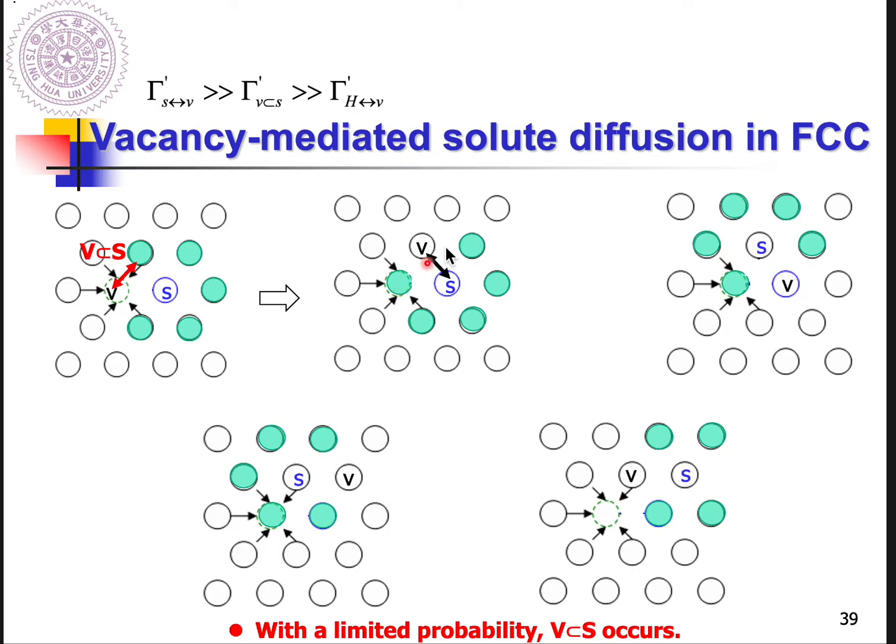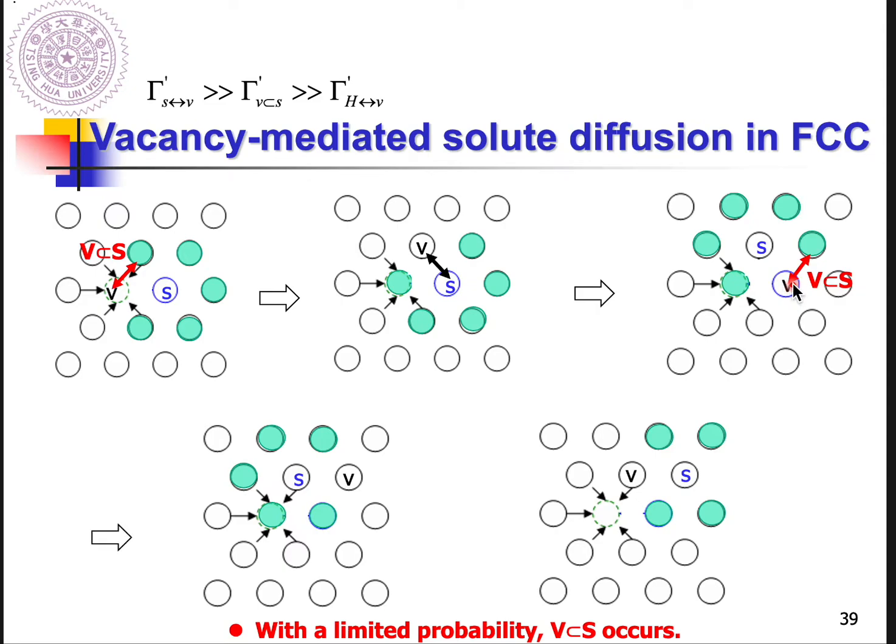And the next step is probably also a jump between the solute atom and the vacancy. Then after 1,000 jumps, there's probably one jump between what? When the vacancy jumps to here, then there's probably one jump of the host neighboring atom into the vacancy.